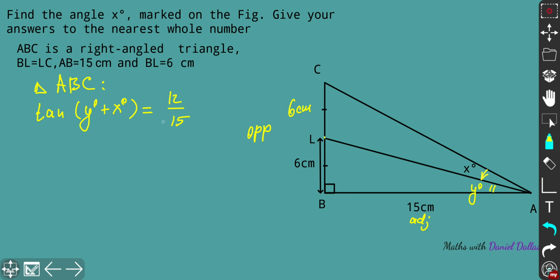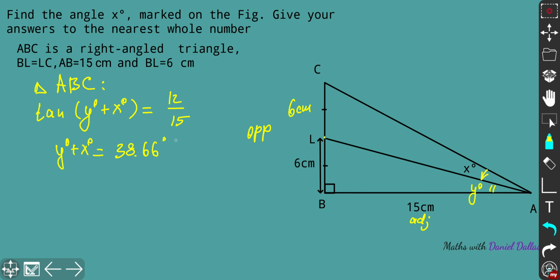And now we're going to calculate tan minus 1 of 12 over 15 right now. And it will give us, so y plus x is going to be tan minus 1 of that fraction, which is going to be 38.65, so 38.66 roughly, okay.